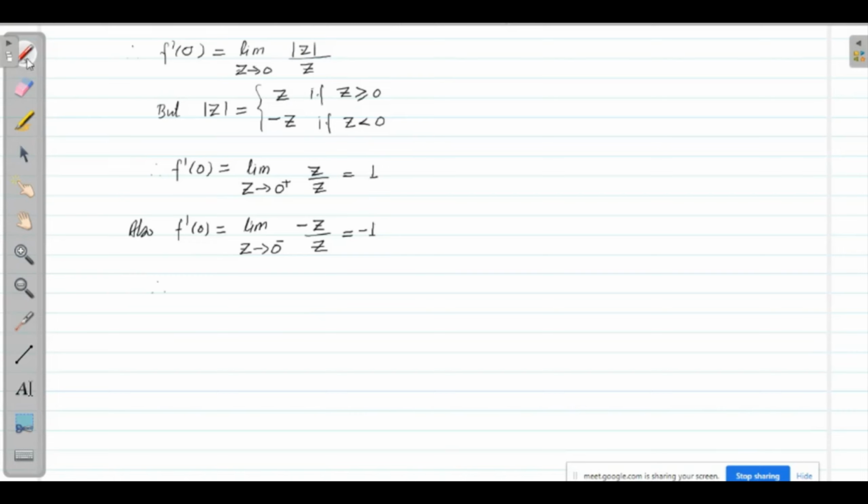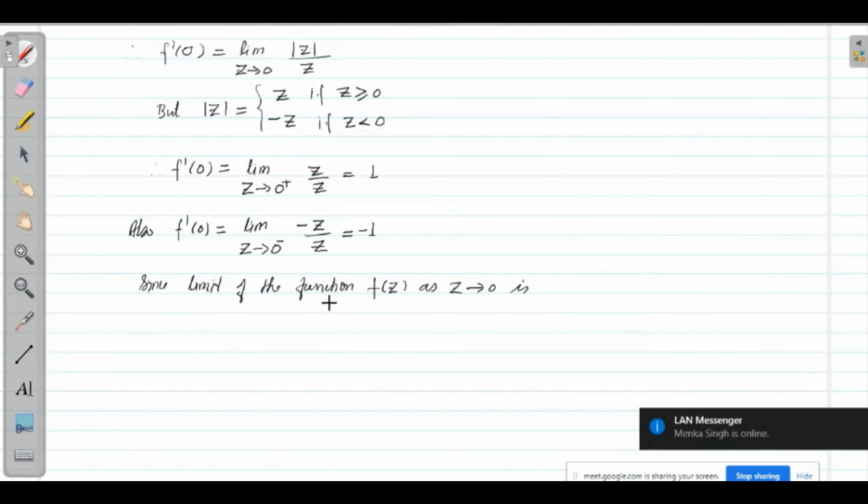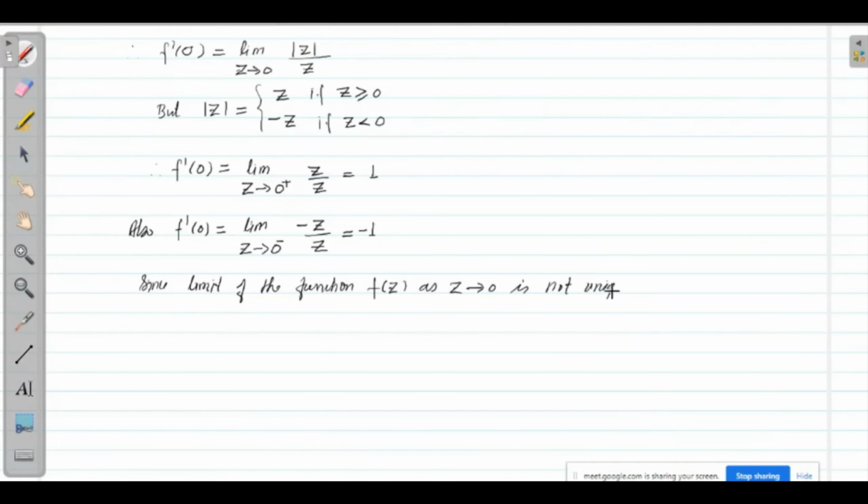So here you can write, since the limit of the function f of z as z tending to 0 is not unique, therefore f dash of 0 does not exist.